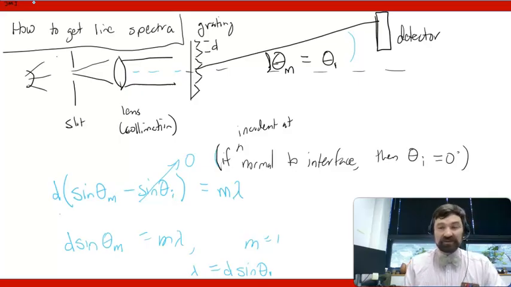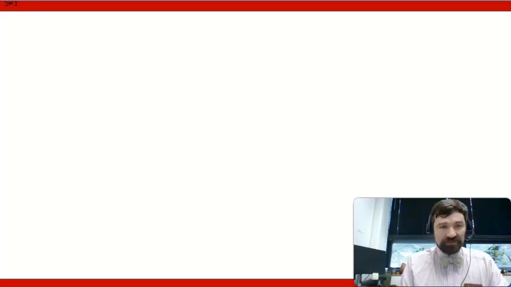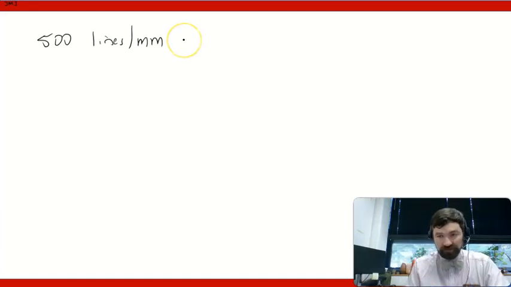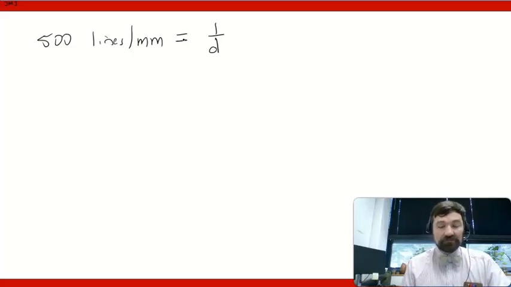Now the spectrometer that I was using happened to have 500 lines per millimeter, and that is actually equal to 1 over d in millimeters. That means that you're going to get your wavelength, for what it's worth, in millimeters. So essentially you would just measure that angle.